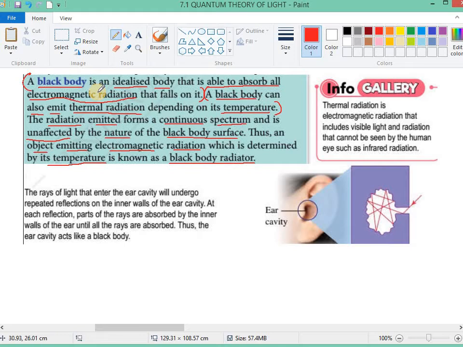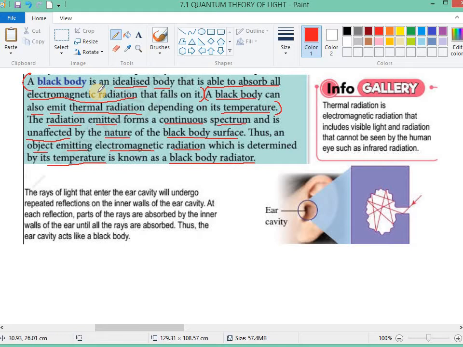And when the temperature is higher, it will be able to emit electromagnetic radiation depending on its temperature. That means if the temperature is low, it will emit radiation at a lower frequency. If the temperature is higher, it will emit radiation at a higher frequency.